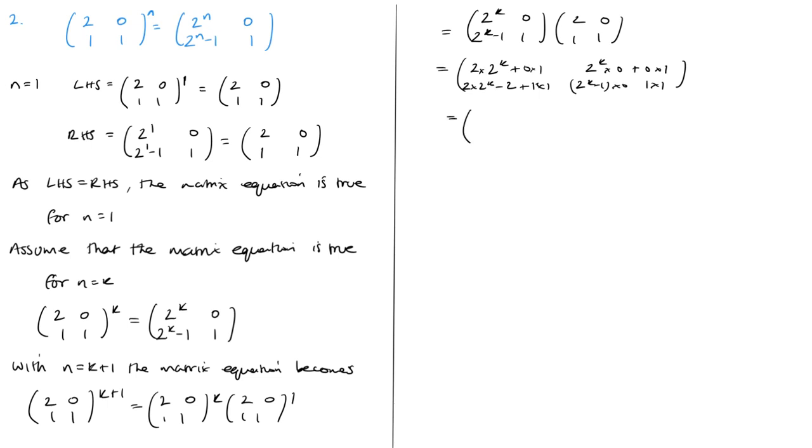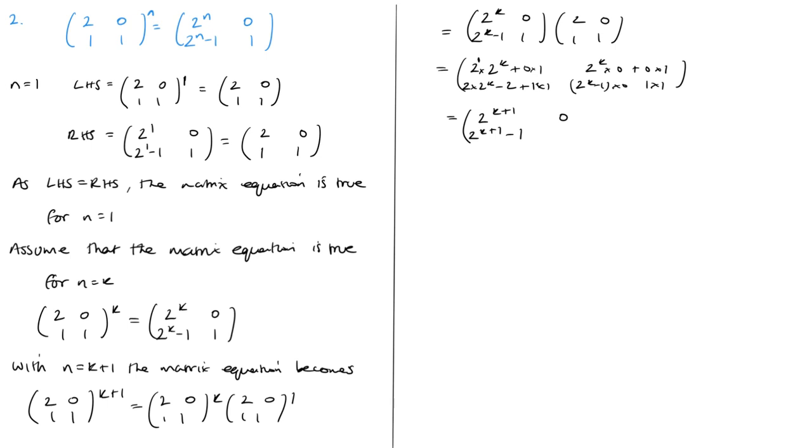So 2 times 2 to the k, this 2 is like 2 to the power 1 here, so this is 2 to the k plus 1. This is 0. This is 2 to the k plus 1 minus 2 plus 1, which is minus 1.